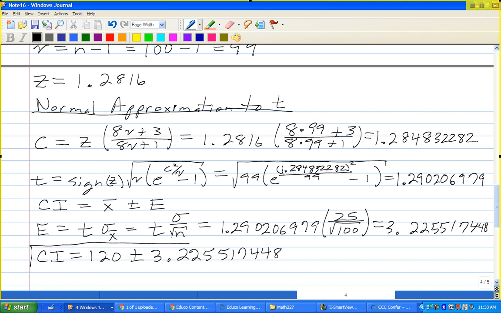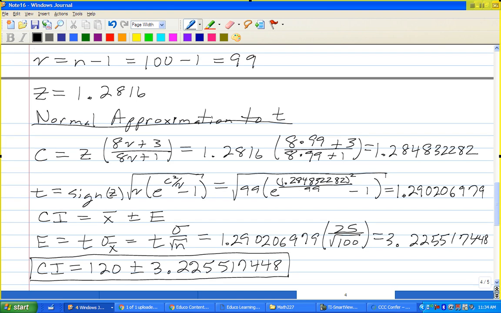And that is your 80% confidence interval. It's pretty small. Okay, good. So that really finishes off section 6.6, I think. Yeah, 6.6. So let me start section 6.7.